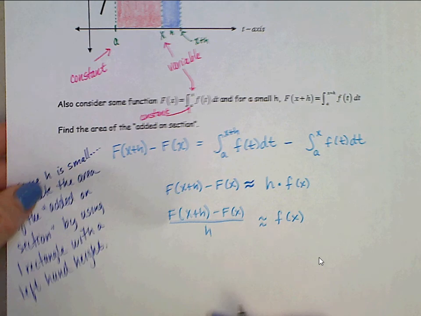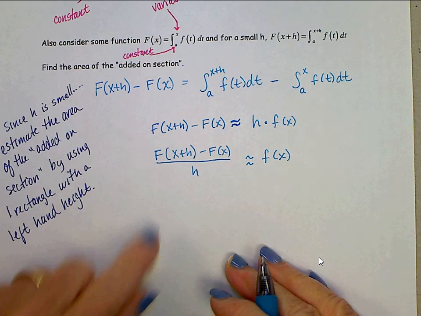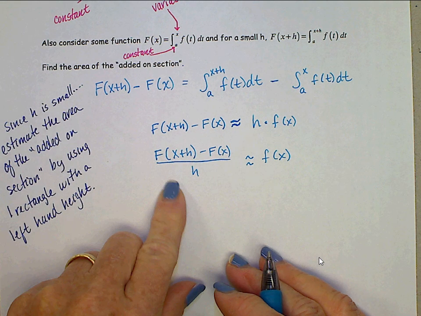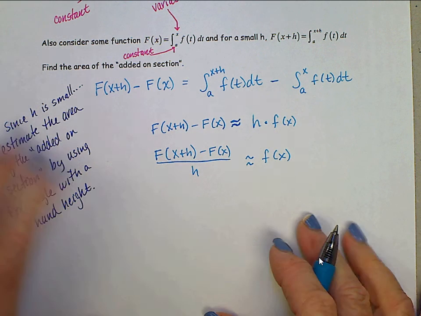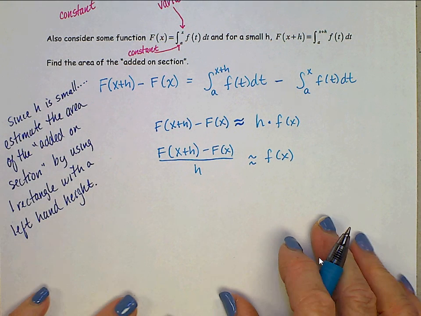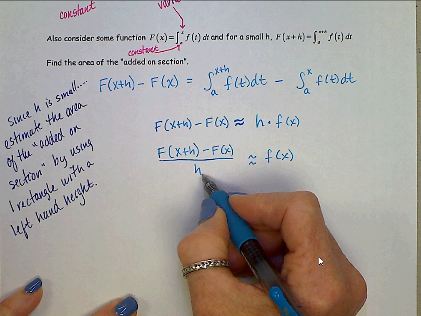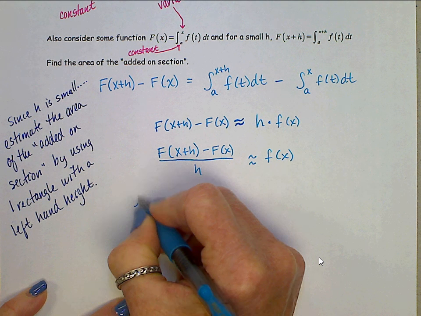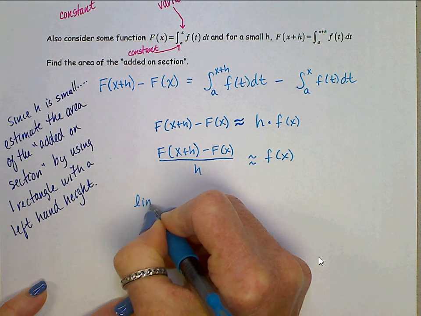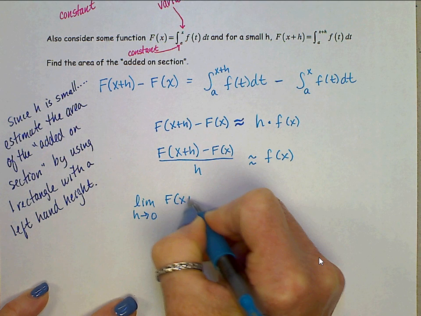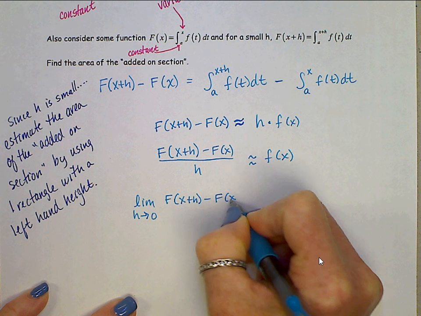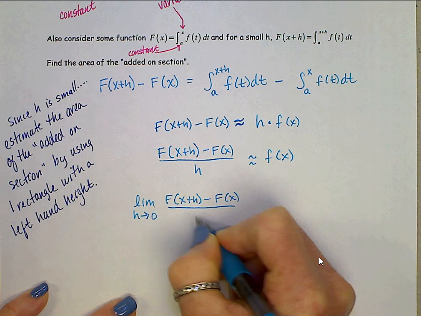Some of you are recognizing this piece. All right, h is small. How small? h is very small, very close to 0. We can't let h equal 0, but we can let h approach 0. And we have the limit as h approaches 0 of big F of x plus h minus big F of x all over h.